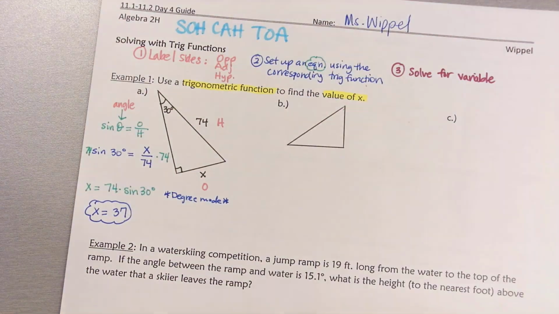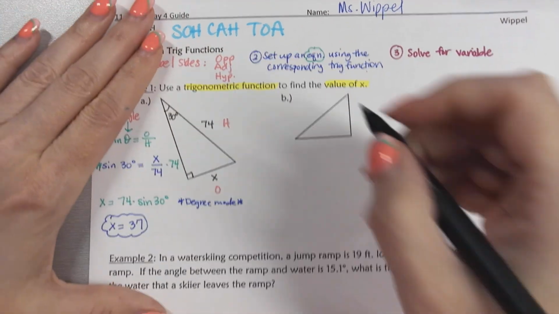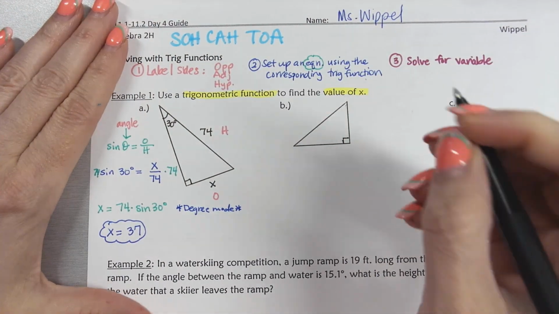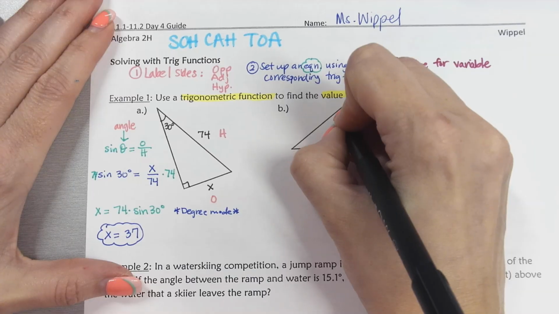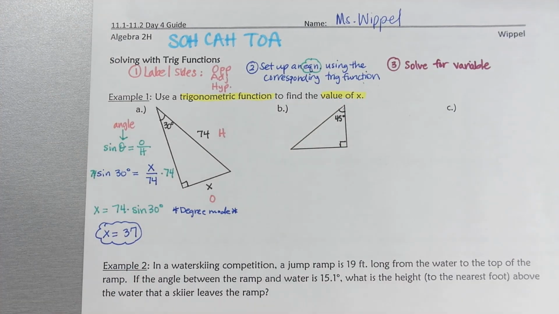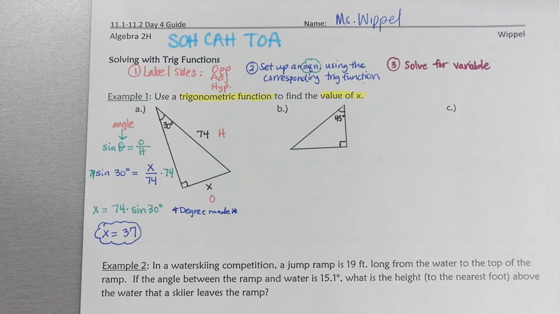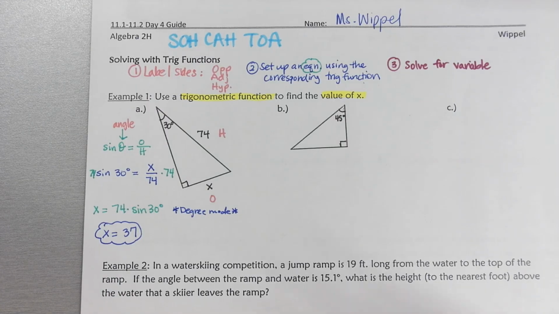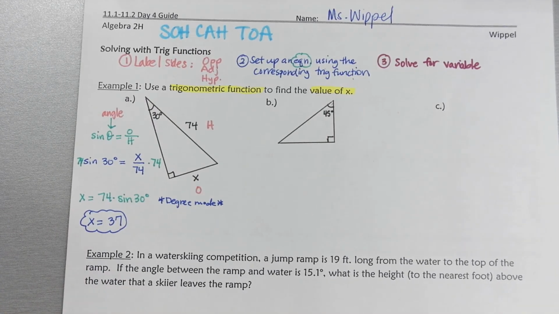Now the next right triangle. This is labeled as the 45 degrees. For this one, I want you to set up your equation and see if you can solve it.